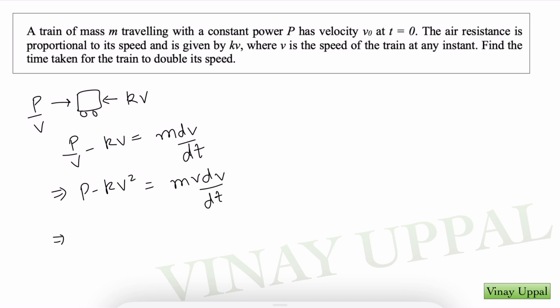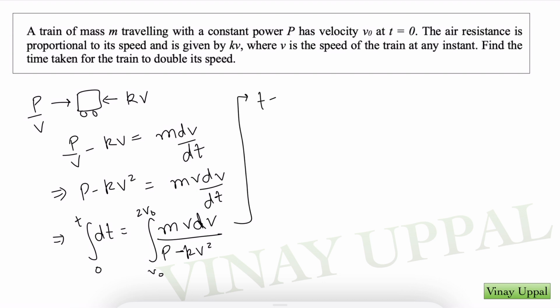And what do we need? We need the time, so dt would be equal to m V dV divided by P - kV², and now it's a case of integration, so I want to integrate from v0 to 2v0. So the right hand side integral should not be too difficult. You can make a substitution.